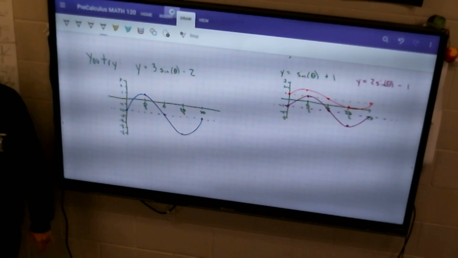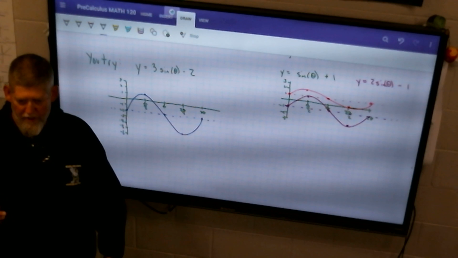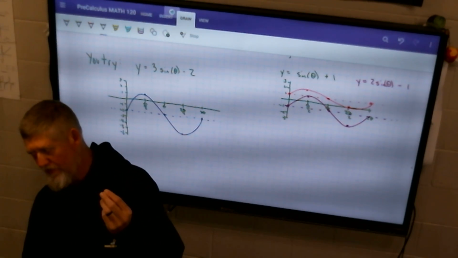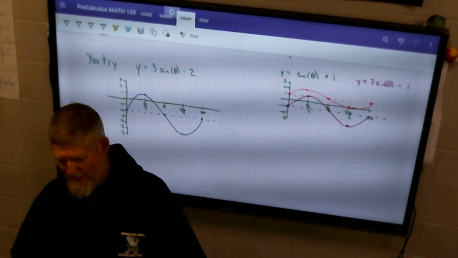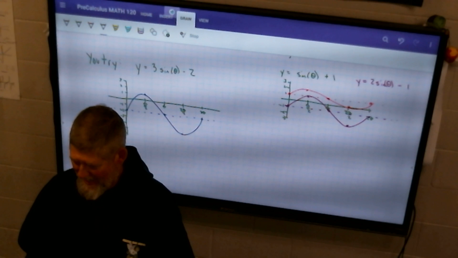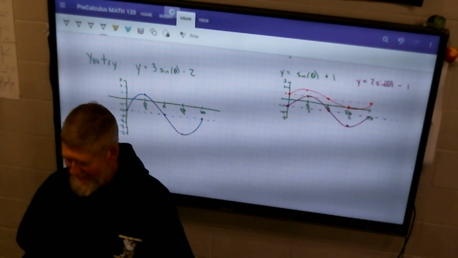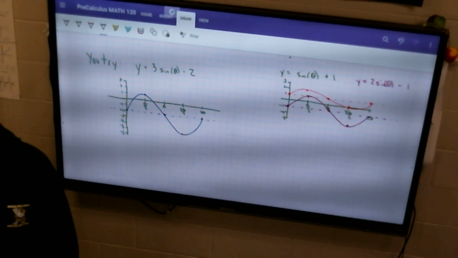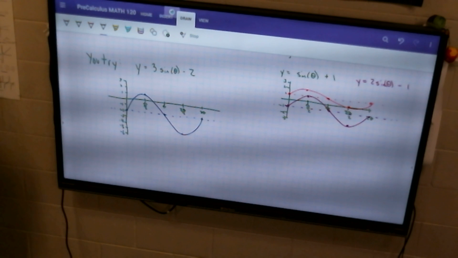All right, so if I've done a vertical shift and I've done a vertical stretch, what do I have left? Horizontal. Now this gets a little tricky. Let's do the vertical shift first.